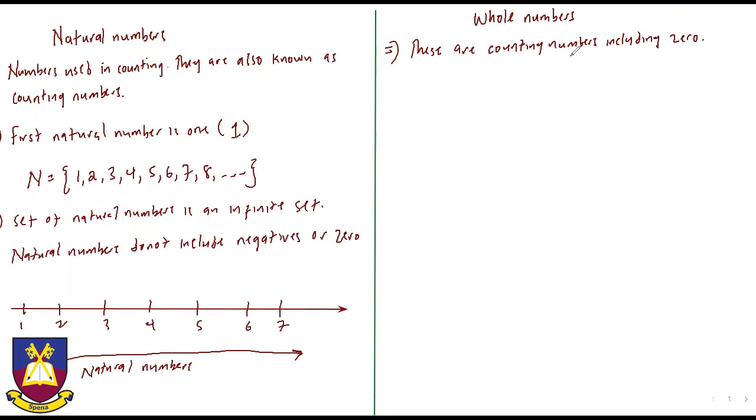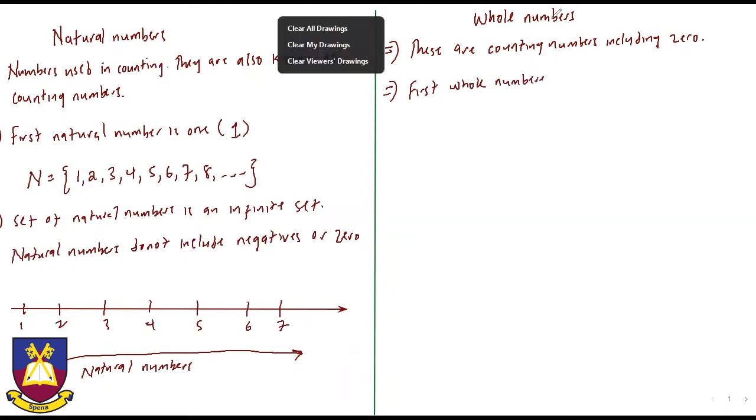So whole numbers are counting numbers, including 0. The implication is the first whole number is 0. Here we saw that the first natural number was 1, whereas the first whole number is 0.